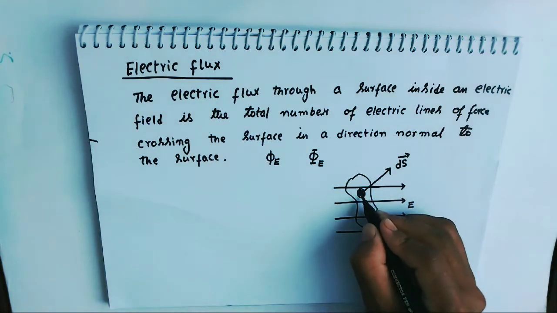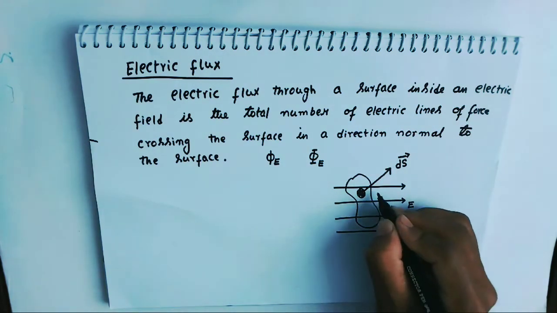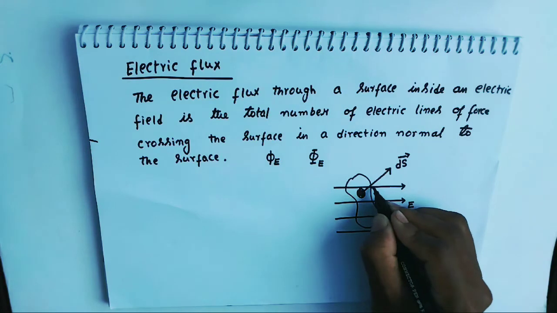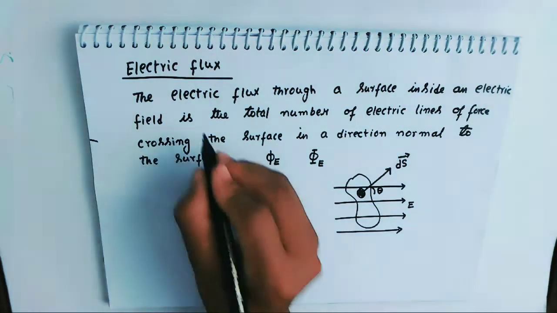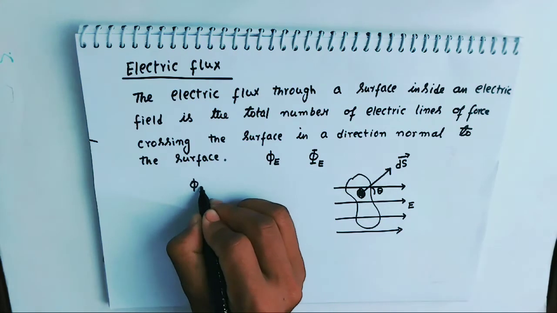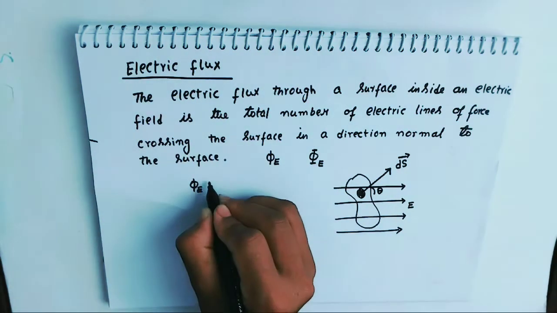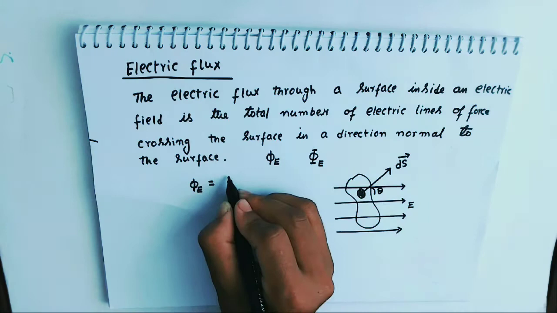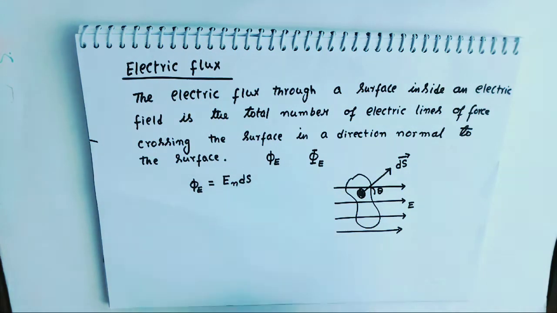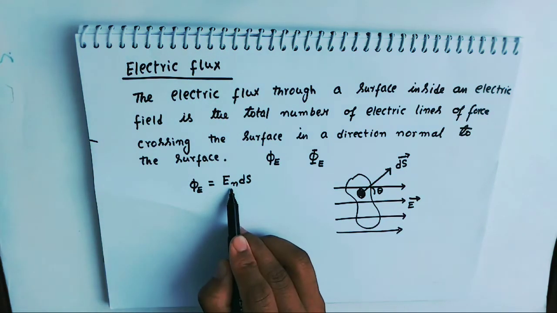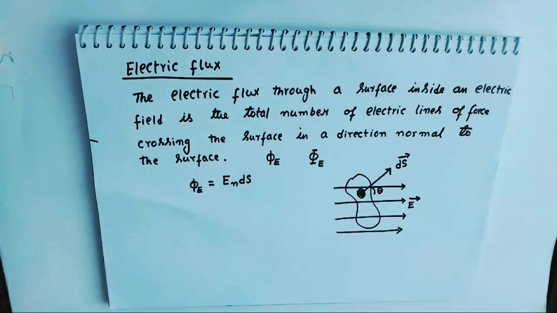The angle between this ds vector and this electric field, say it is theta. If we make use of this definition, electric flux phi E is equal to En ds. This En is the normal component of the electric field.